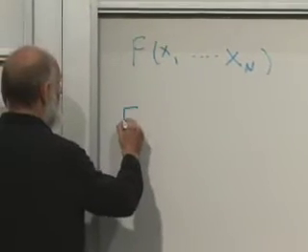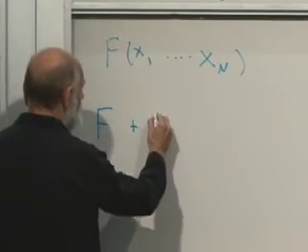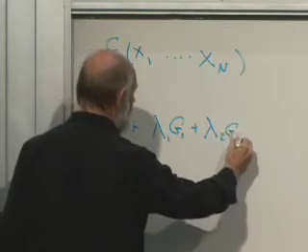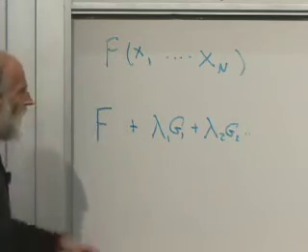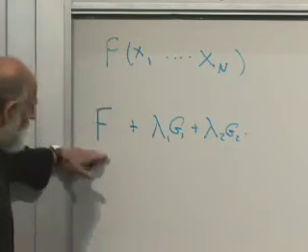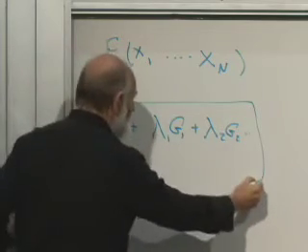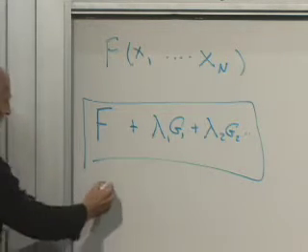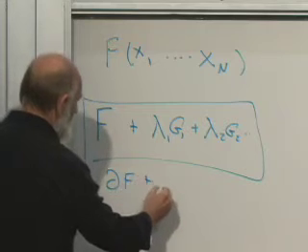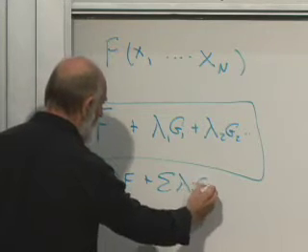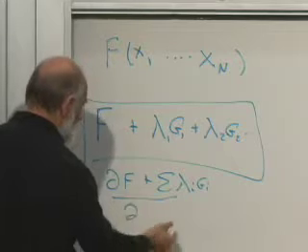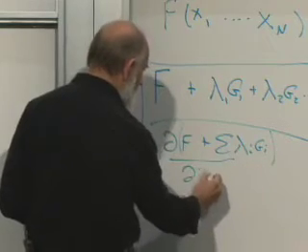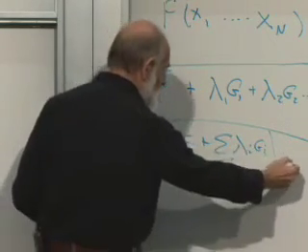So you write f plus the first Lagrange multiplier times g1 plus the second Lagrange multiplier times g2, and however many Lagrange multipliers you have, or however many constraints you have. And then you differentiate the result, f plus the sum of lambda i times gi, with respect to each one of the x's and set it equal to 0.